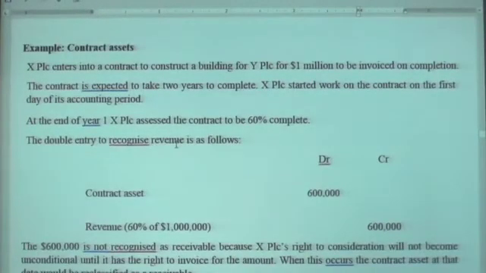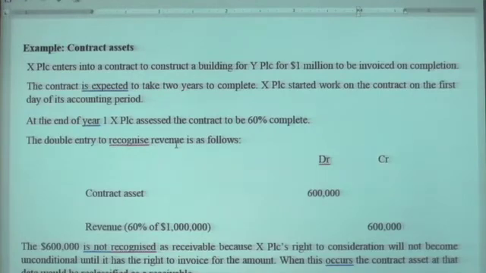Then the contract asset account. XPLC entered into a contract to construct a building for Y for 1 million, to be invoiced on completion. The contract is expected to take 2 years to complete. XPLC started work on the contract on the first day of the accounting period.